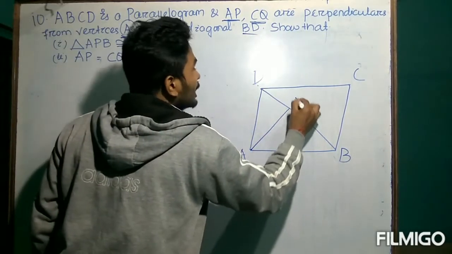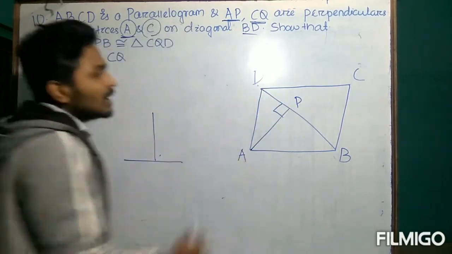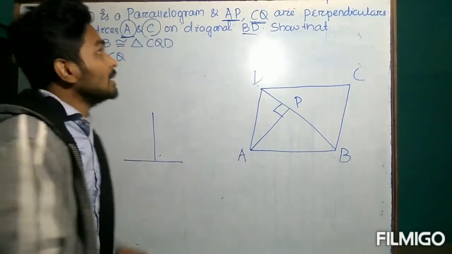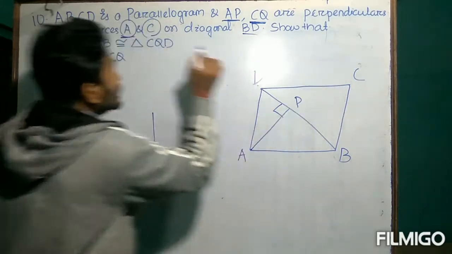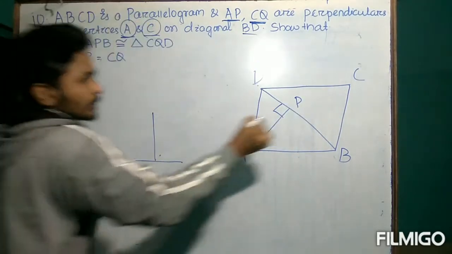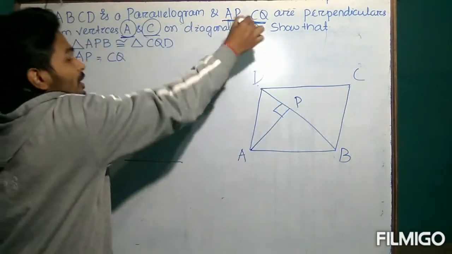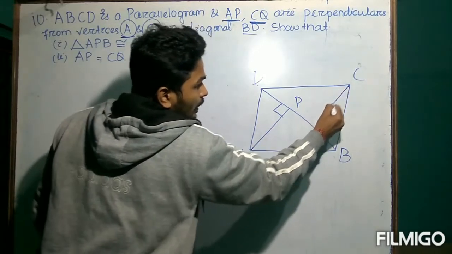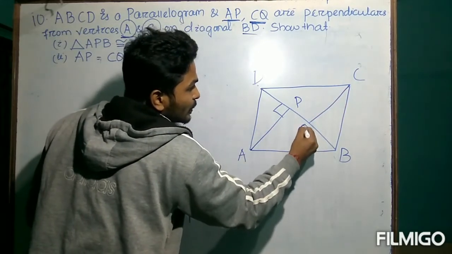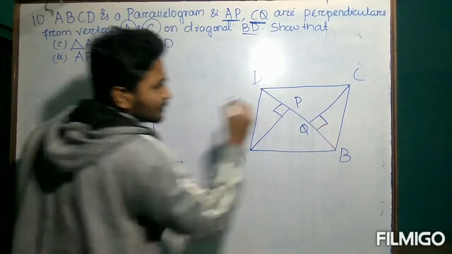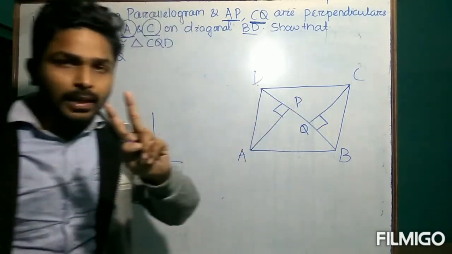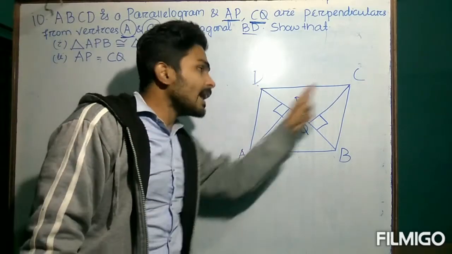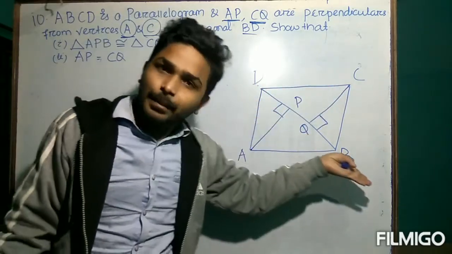Similarly, CQ is another perpendicular line drawn from C on BD. This is CQ, and this is also perpendicular. Is it clear? So AP and CQ are two perpendicular lines drawn from A and C on the diagonal BD.